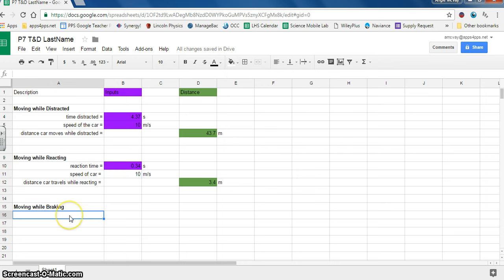All right, so let's back up and look at moving while braking again. The things that we need to know: we've got the starting speed of the car, the acceleration of the car while braking, and we need to know how long it takes to brake.